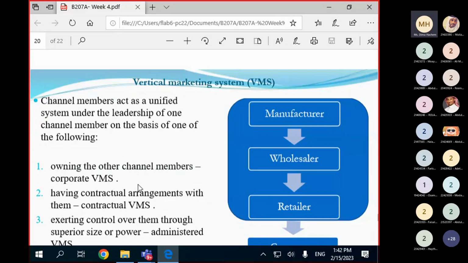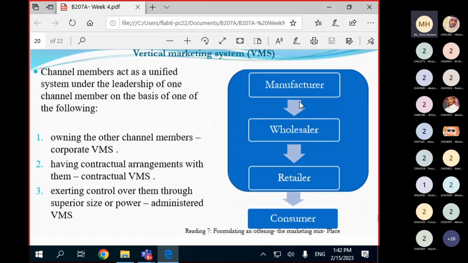Okay, so vertical marketing system, what we call VMS. So we have seen what a traditional distribution channel is. A VMS, vertical marketing system, is when all of these are owned by the same business.